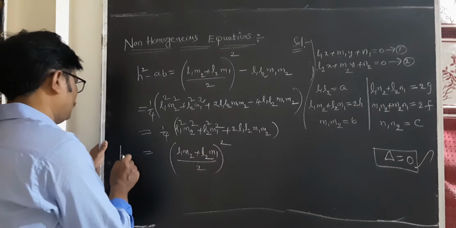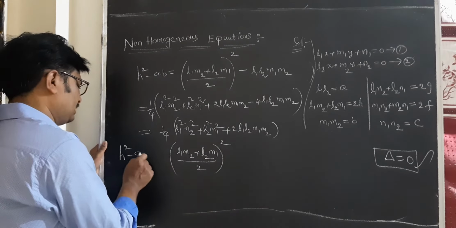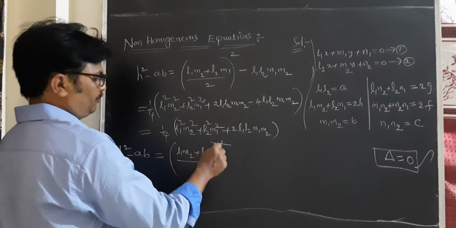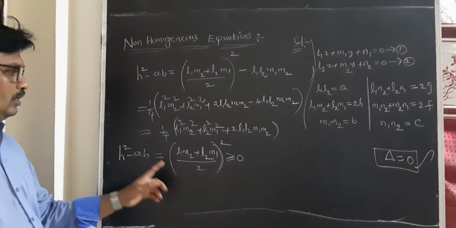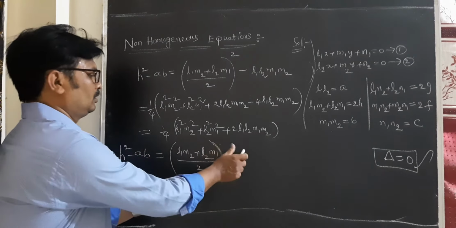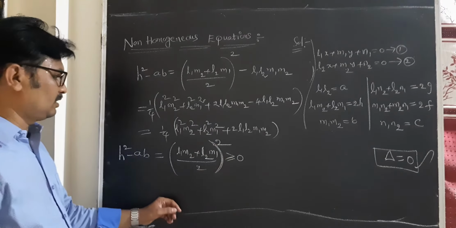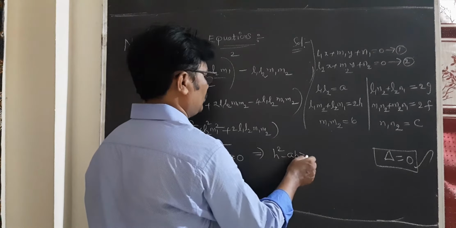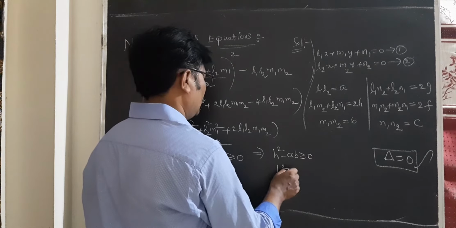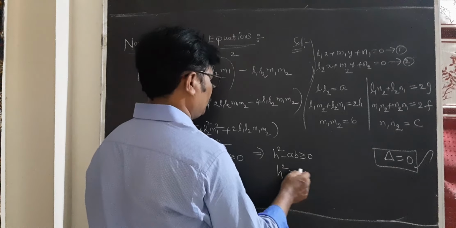This is the value of h square minus ab. So every perfect square, we know, must be greater than or equal to 0. This is a perfect square, so it must be greater than or equal to 0. Therefore students, h square minus ab is greater than or equal to 0, h square greater than or equal to ab.